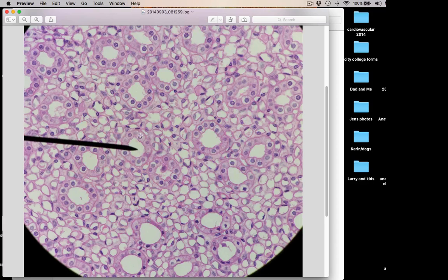So, nice round nuclei, one layer thick. This is simple cuboidal. You see a lot of them. Lots of simple cuboidal in this slide.